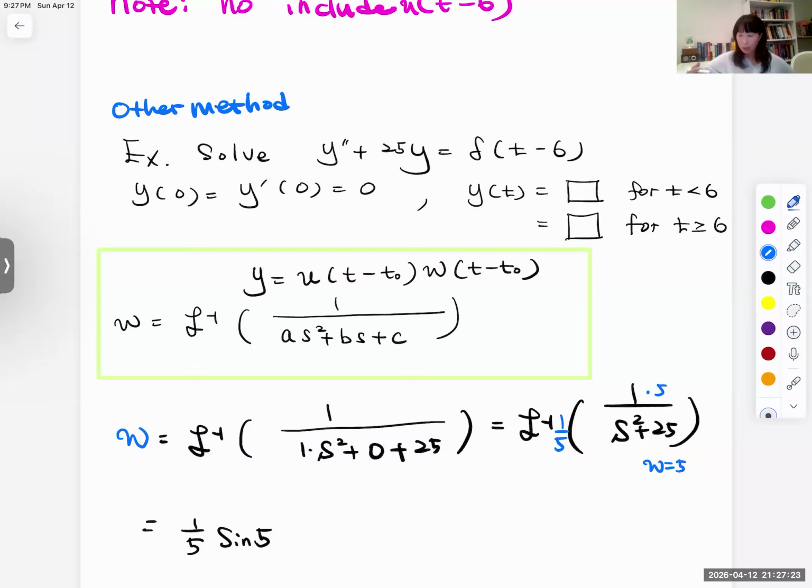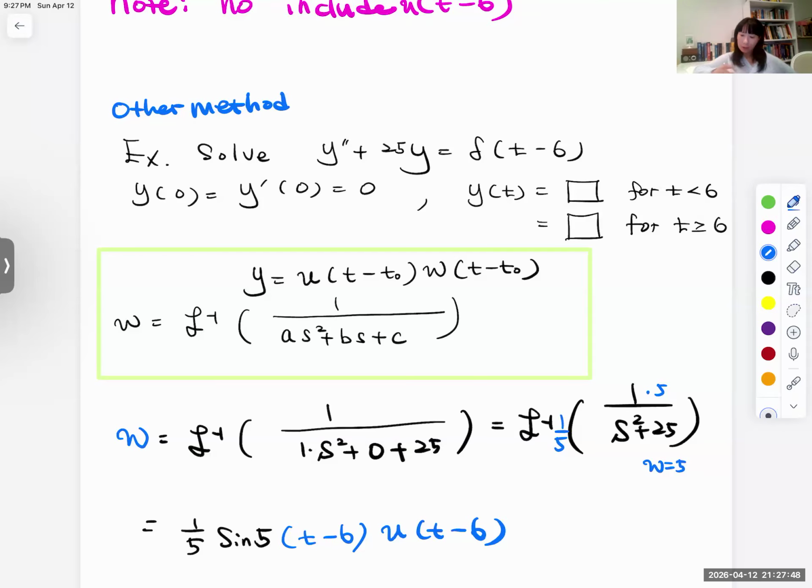We are using that, and then u of t minus t naught, so we're using u of t minus 6 as well. Make sense? This is very easy, a shortcut.